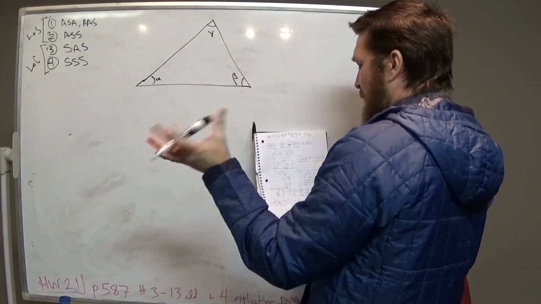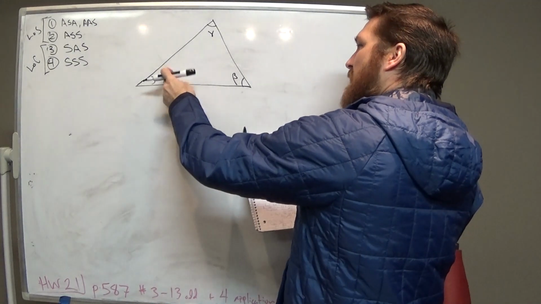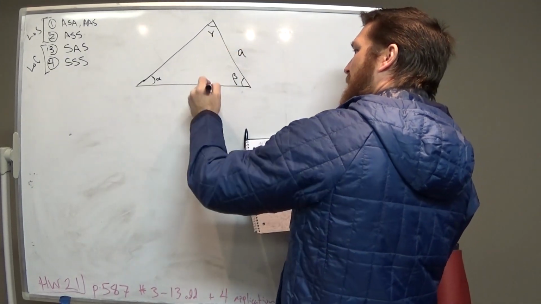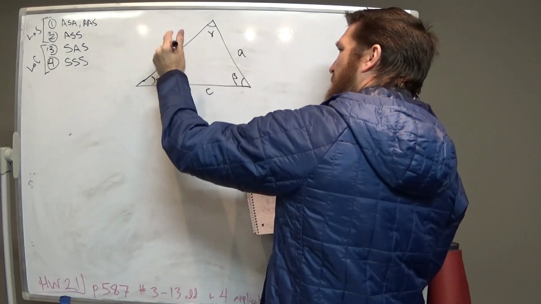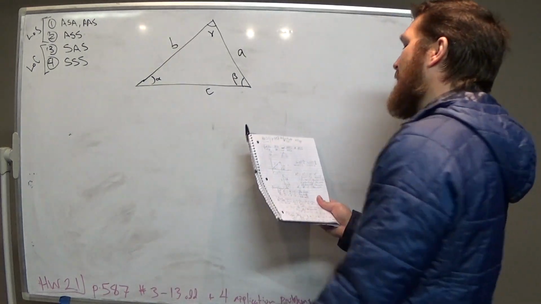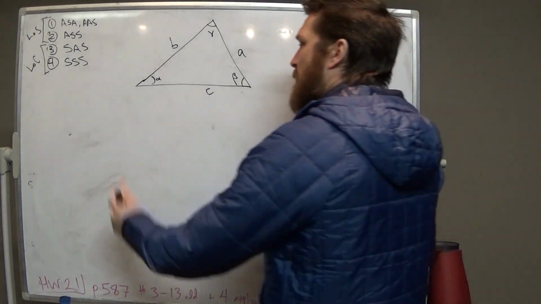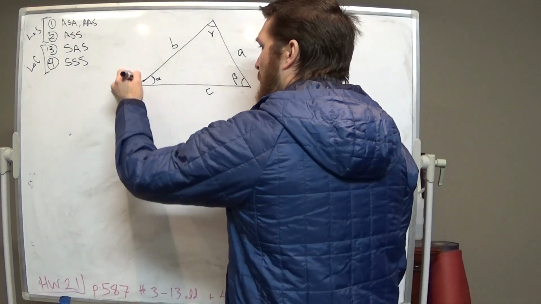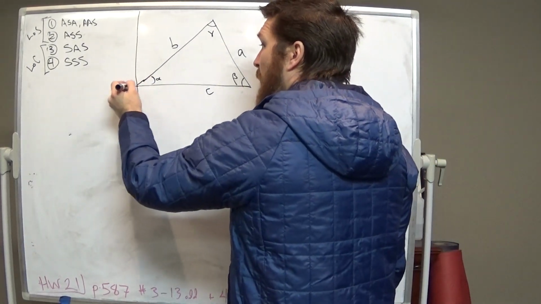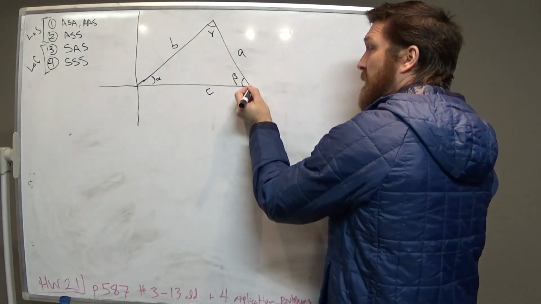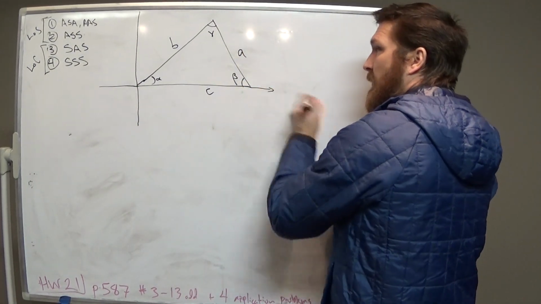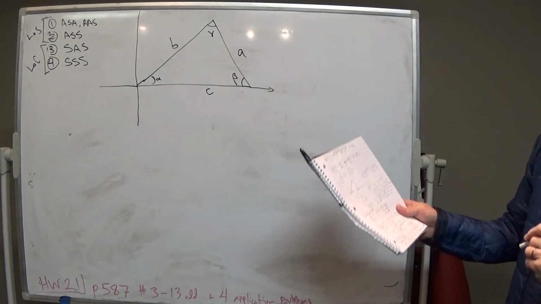As always, we could have named them anything we want, just as long as alpha's paired with A, gamma's paired with C, and beta's paired with B. So we have this, any acute triangle. And again, it could be obtuse, and you'll come to the exact same conclusion. We're going to drop coordinates right here. And then we're going to do this.